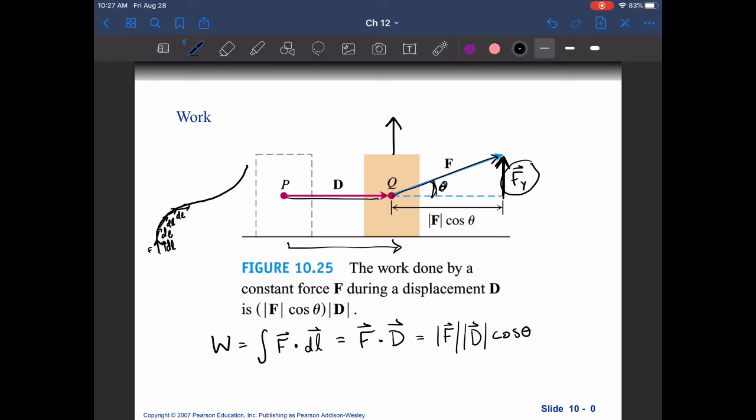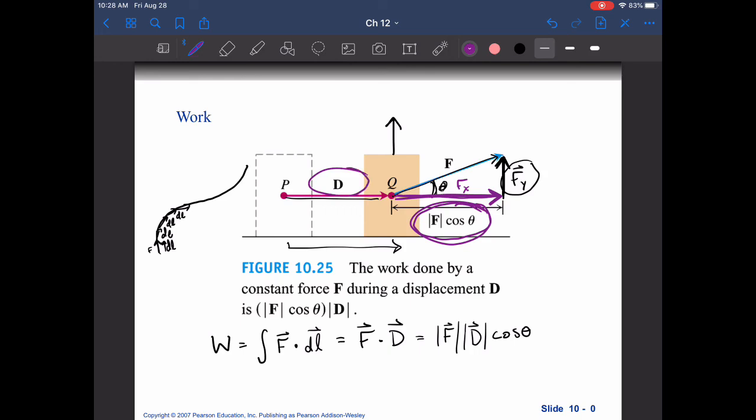And so the only thing we're ultimately interested in is multiplying this projection right here, which is F in the x direction. If we use our sines and cosines, that projection has length F cosine theta. And so we're multiplying this F cosine theta times the magnitude of the displacement.